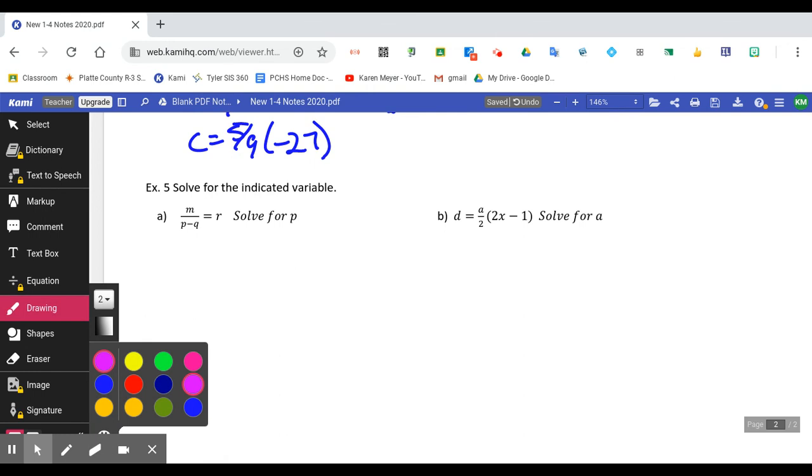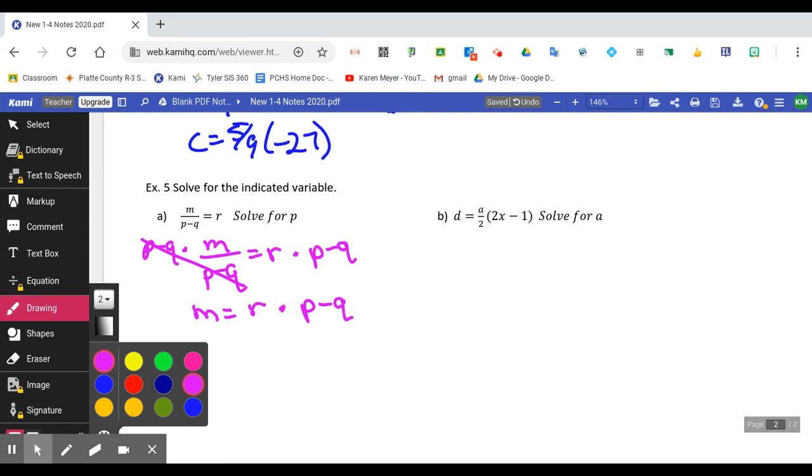On the last example, we got M over P minus Q equals R. So once again, you see a fraction. If you see a fraction, you want to get rid of the fraction first by multiplying both sides by the denominator. So I am going to multiply both sides by P minus Q because that is in the denominator. So I have M equals R times P minus Q. But don't actually multiply by R. Okay, remember, we don't want to use the distributive property.